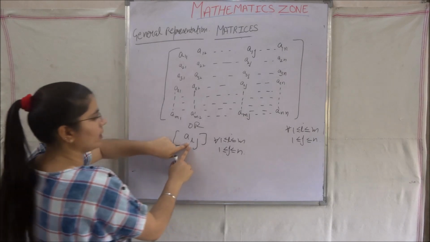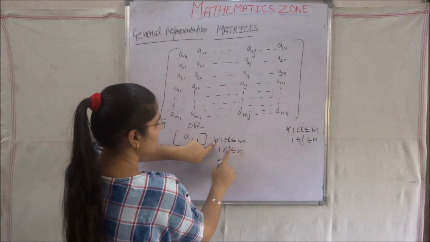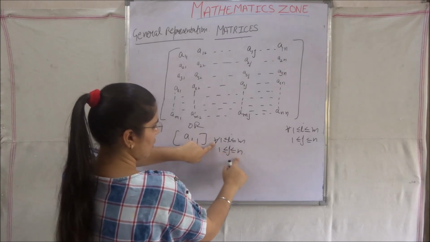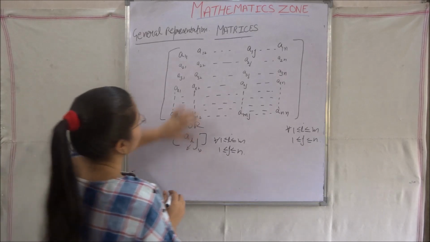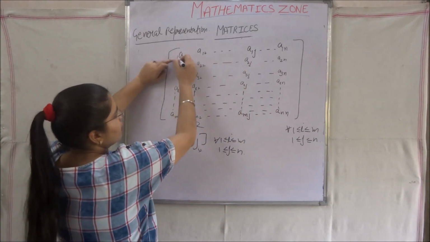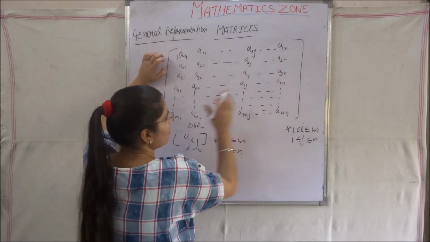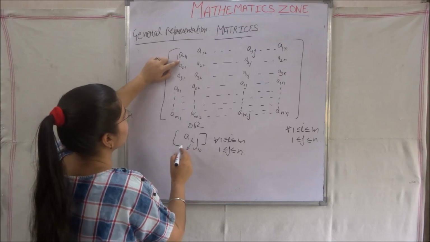Here we have already discussed that i is varying from 1 to m and j is varying from 1 to n. These are the rows and these are the columns. Now it can also be represented like this. First element is A11. These are the elements of the matrix. A11, i is 1, j is 1.